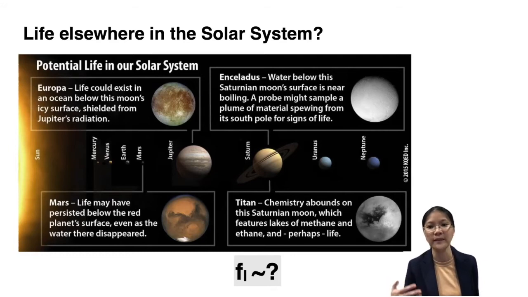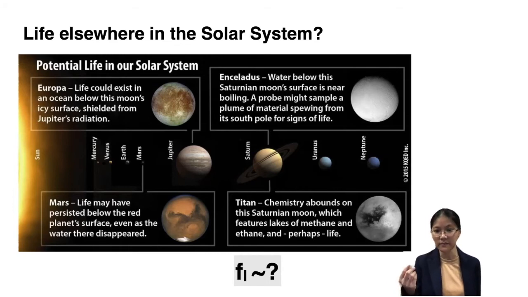In the same way, in Enceladus and in Titan, the idea is if you can send a space probe and sample some of these plumes of material, can we detect signs of life or even life forms, microbial life forms themselves.